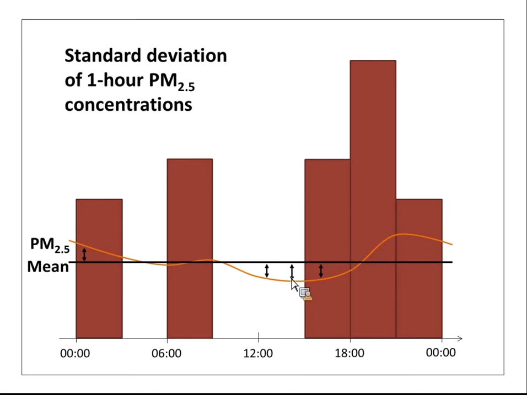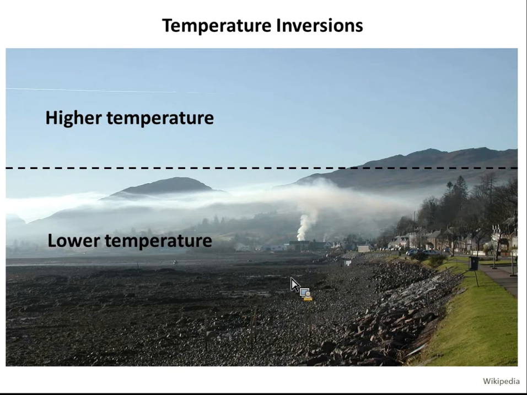Finally, this question of temperature inversions. So what happens is at night, we often get these inversion kind of conditions, especially in the mountainous and coastal areas of British Columbia, where colder air gets trapped close to the surface and it can't break its way out.